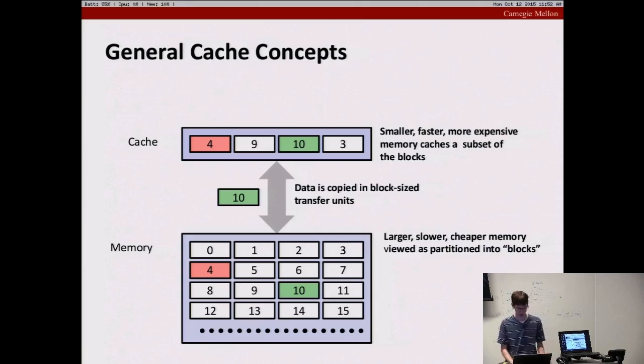This distinction parallels the distinction between the larger pieces of memory and the smaller pieces of memory. We want the smaller things to be faster.